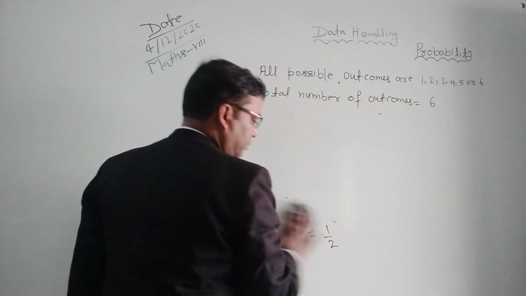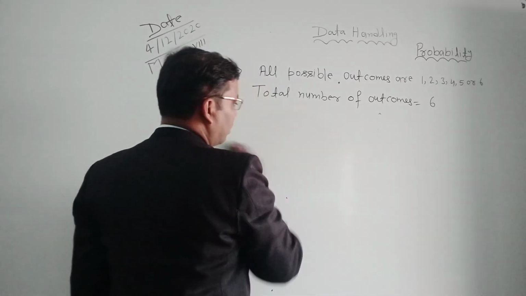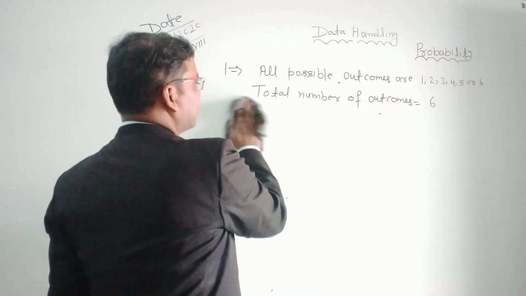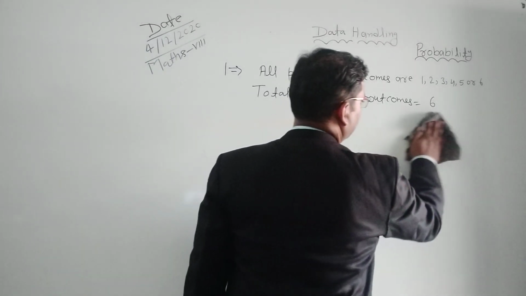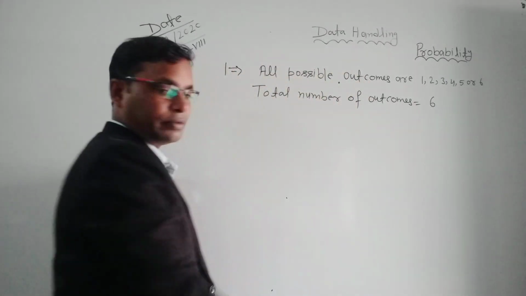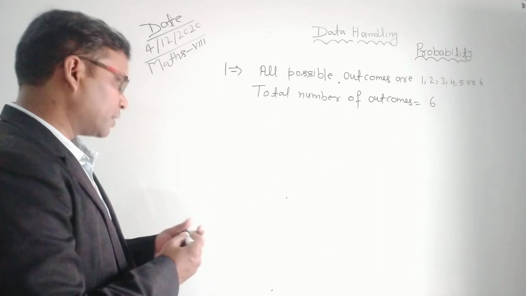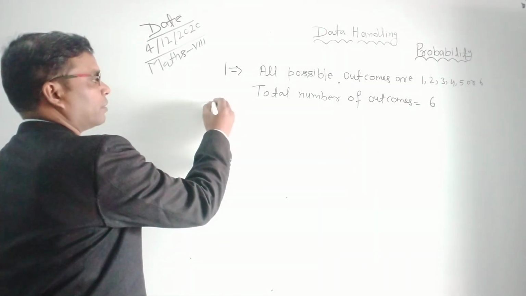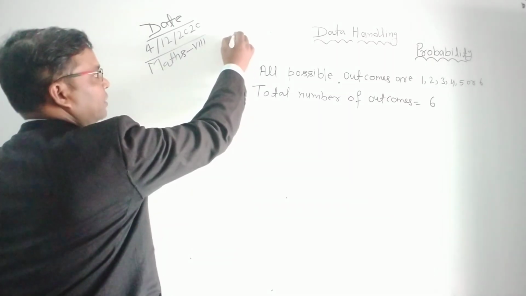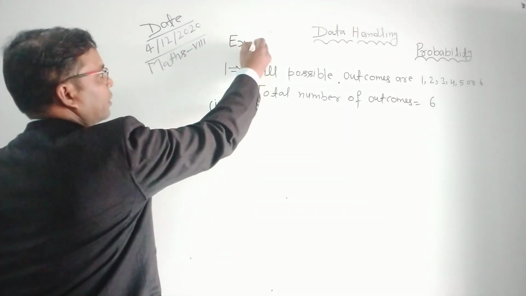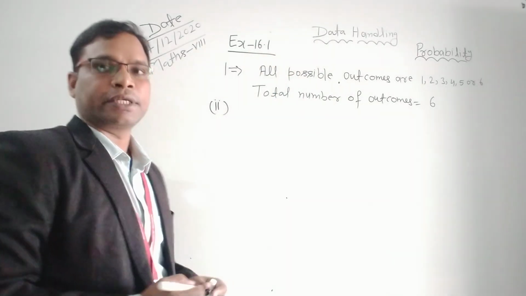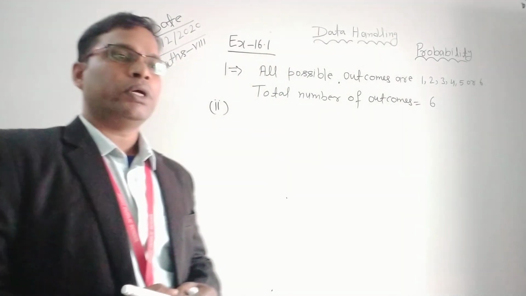In the second question, we need to find the probability of getting a non-prime number. This is exercise 16.1.